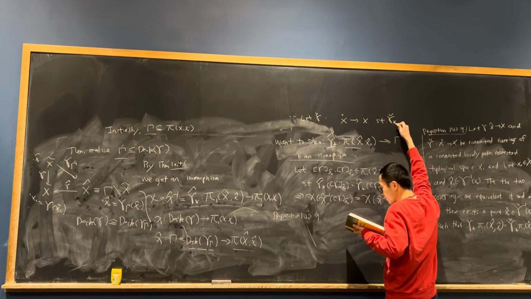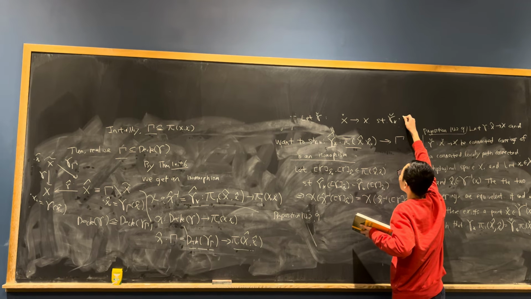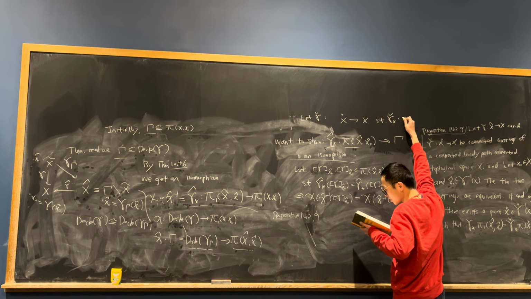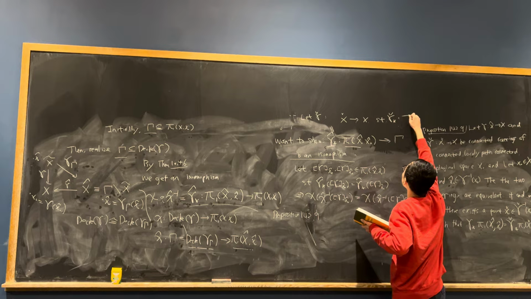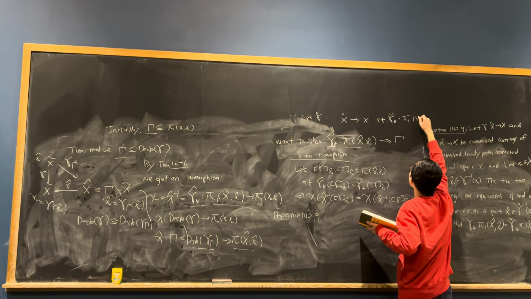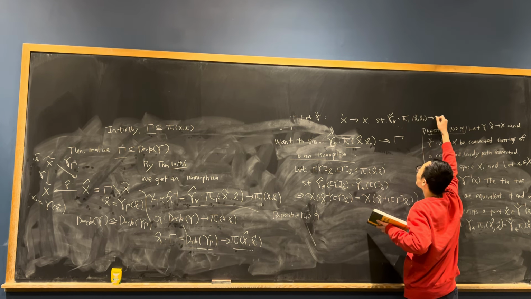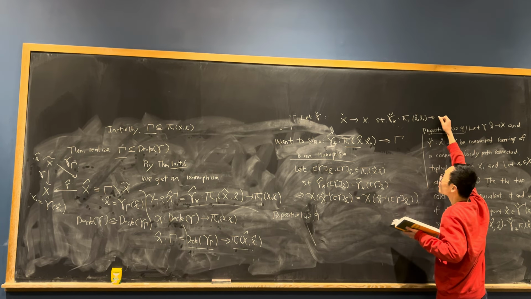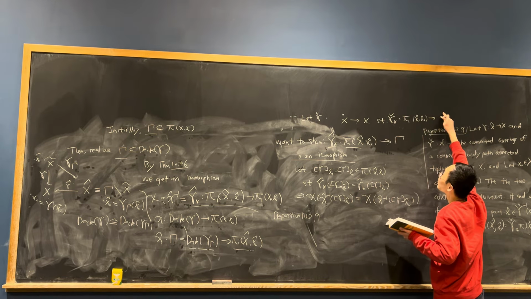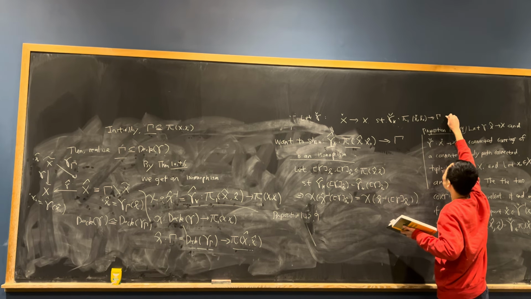such that gamma check push forward from this pi 1 is an isomorphism.